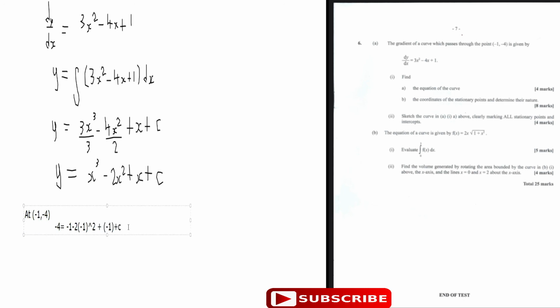So solving for c, we're going to see that minus 4 is equal to minus 1 minus 2 times minus 1 squared plus minus 1. That is negative 4. So minus 4 is equal to negative 4 plus c. And so the constant is 0. So if the constant is 0, the curve passes through the origin.